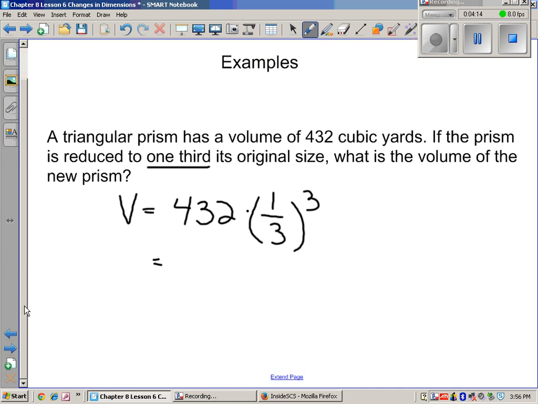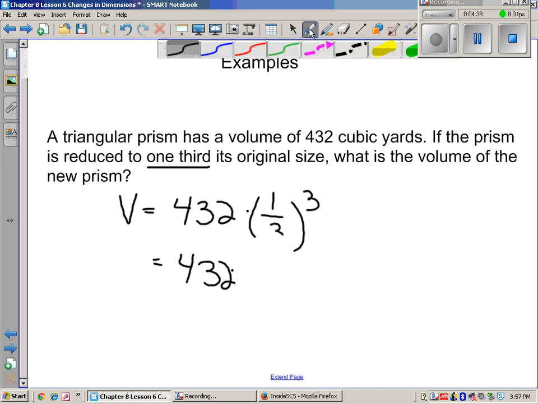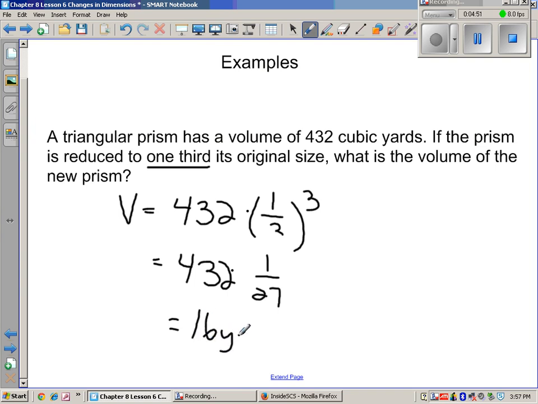So we take 432 times 1/3 times 1/3 times 1/3, or 1/27. Multiply 432 times 1/27, and you're going to get 16 yards cubed.